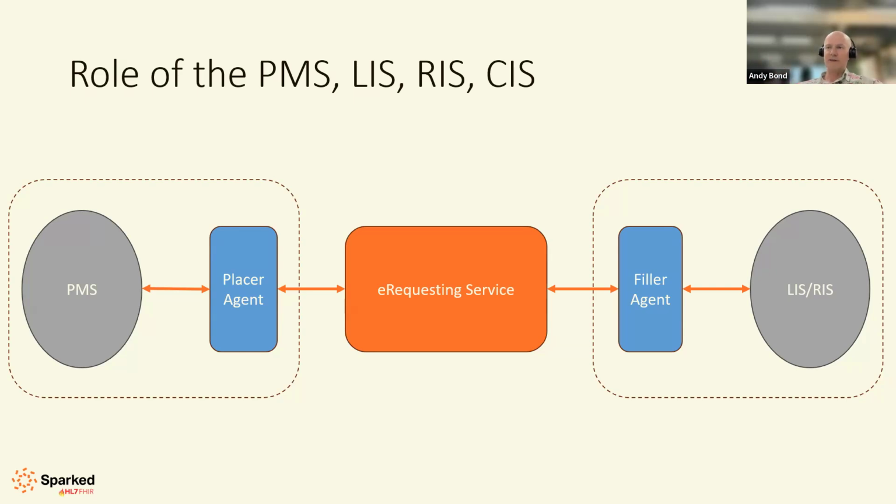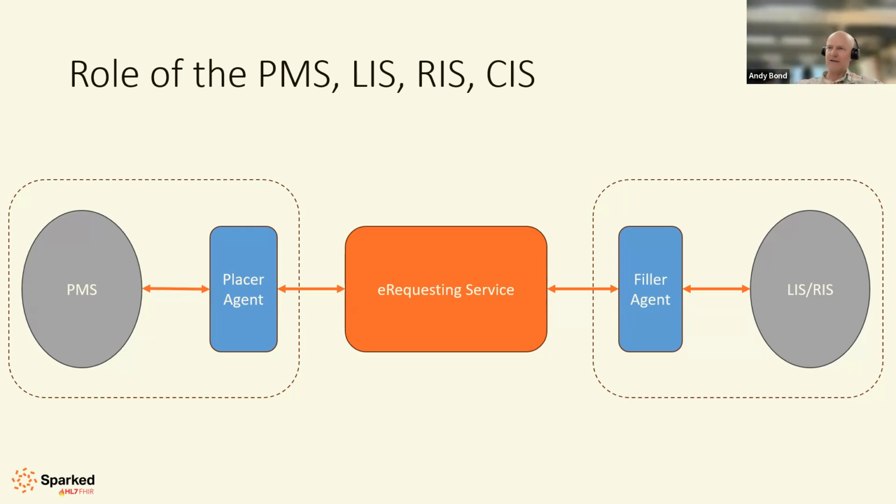There will be an interpretation that the endpoints make of the data and the workflow that the requesting service defines and allows for. That means, for instance, where the eRequesting service supports notification about status updates on requests and their fulfillment, that does not necessarily mean that for every request the user is going to be inundated with a whole range of notifications where they are required to click, I accept, I accept, I accept.